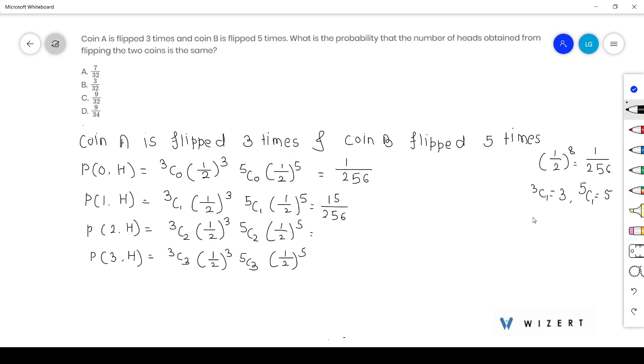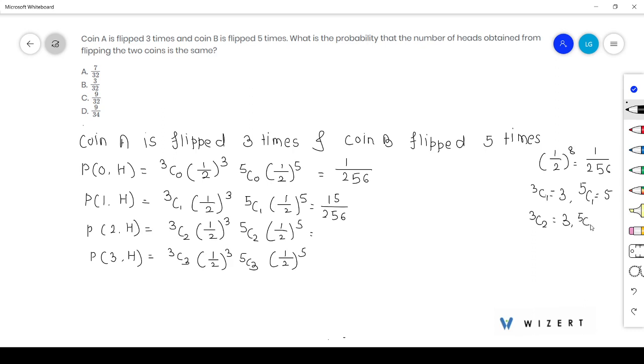Then 3C2 gives 3 again, because it is 3 into 2 divided by 2 factorial. It means 3 only.